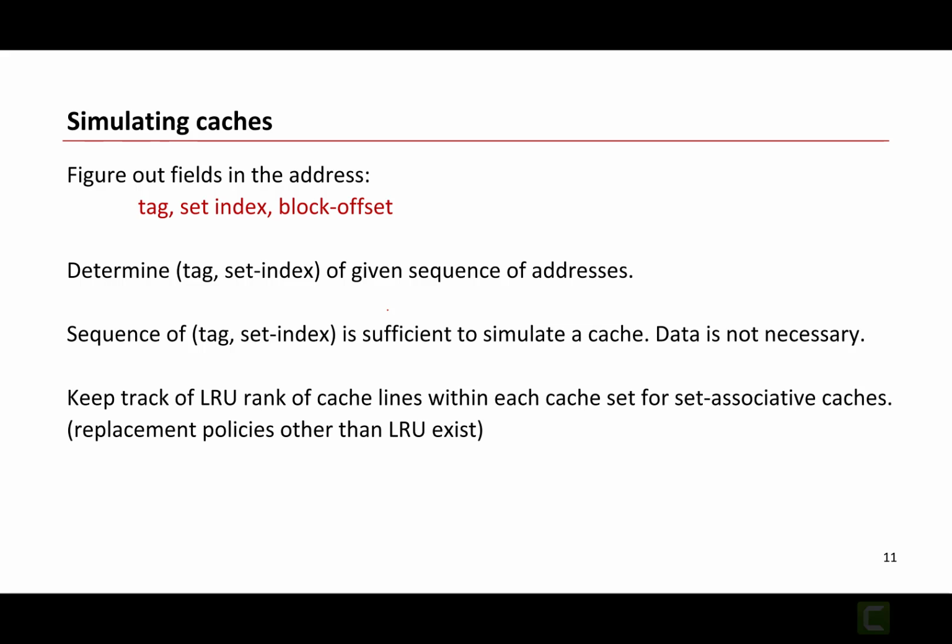Now, I talked a lot about simulating caches, and you may be asking yourself, what do I mean by simulating a cache? A cache simulator, essentially, for a given cache configuration, a given cache size, associativity, block size, etc., abstractly models that cache. I'm representing that abstract model here. And then for a given address pattern, the cache simulator tells me which one is a hit, which one is a miss, and so on.